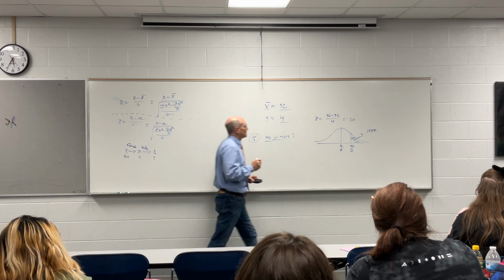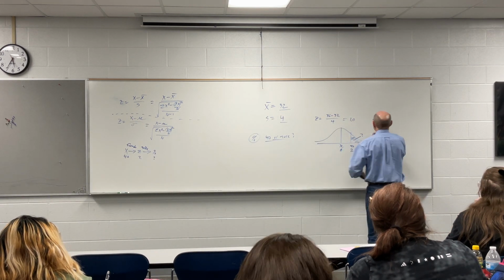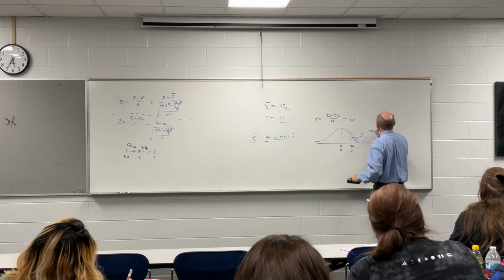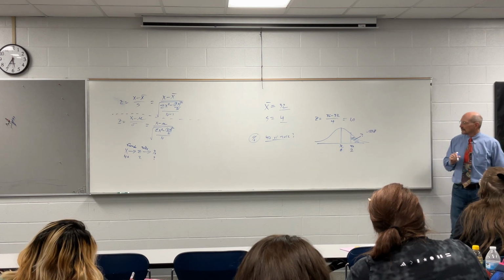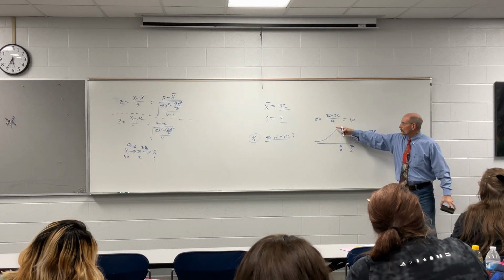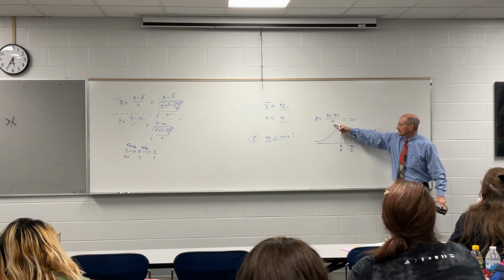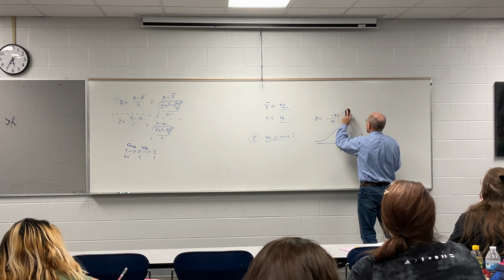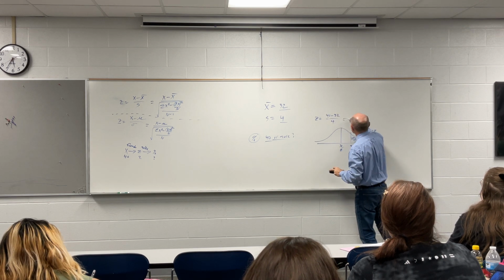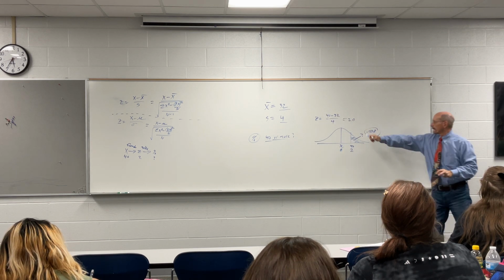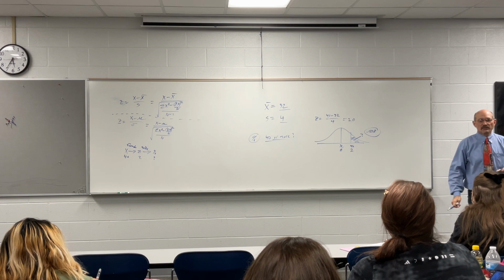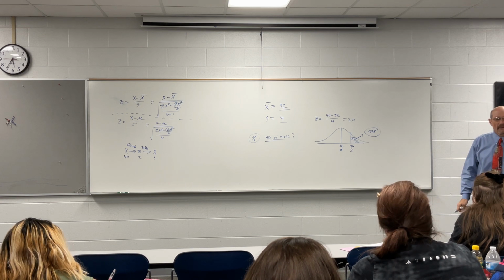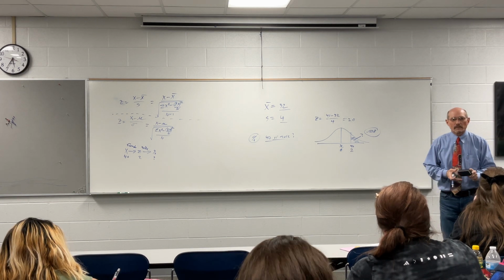So then it'll just be 40 minus 32, divided by 4, which is equal to 8 in the numerator, divided by 4, so 2. So then you find the 2.00 and get 0.0228.